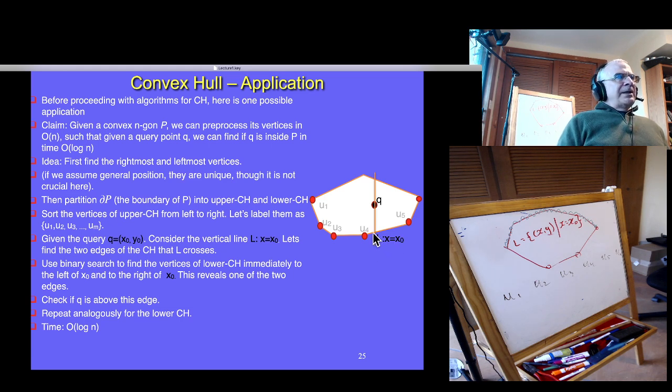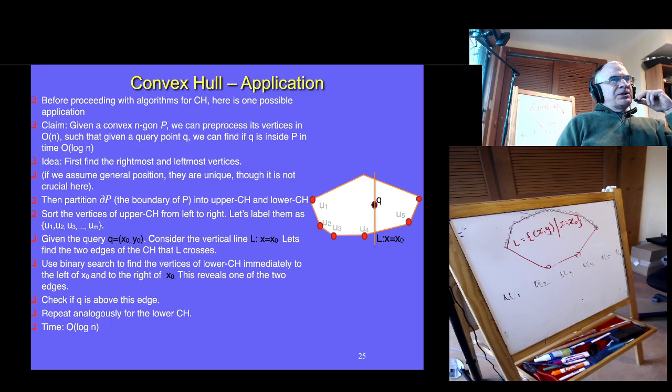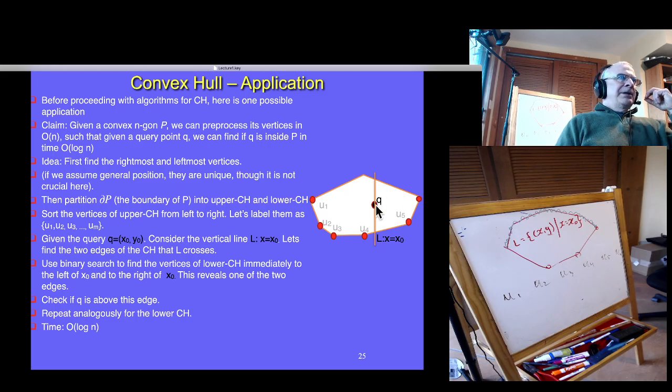And my goal right now is to ask, hey line, do you cross any of the edges of the polygon? Because if you don't cross any edges of the polygon, then obviously Q is not in the polygon. Q is possibly completely to the left of the polygon, completely to the right of the polygon, but definitely not anywhere in a place that allows it to be inside the polygon.